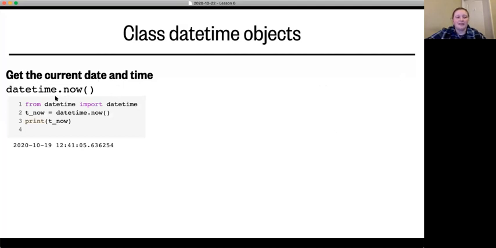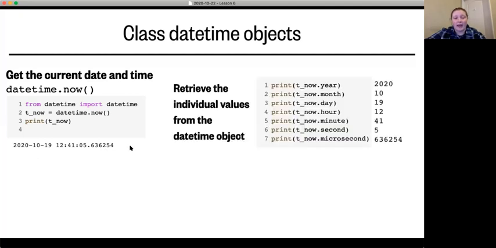The first thing we can do is get the current date and time. And we do that by saying datetime.now. So we import our module here, and we say tnow is equal to datetime.now, print it out, and that's what we get. This is a couple days ago when I ran it. Great, we have our time now, and it has years, months, days, hours, minutes, seconds, and microseconds. And each of those can actually be pulled out from this datetime object, and we can get each of those as individual integers.